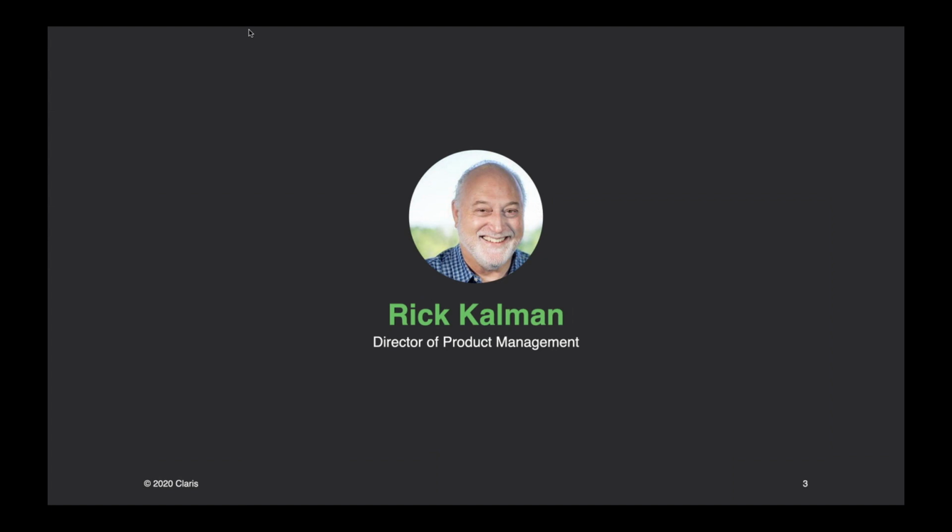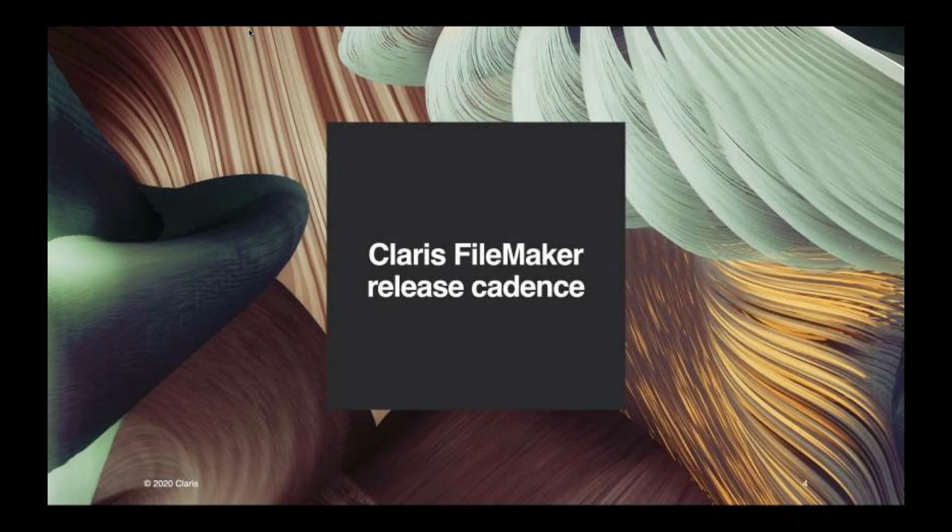And before we turn it over to the engineering team, I'd like to briefly talk about the FileMaker platform release cadence. Now that we've moved beyond annual releases to a more regular Agile release cadence, we'll see releases of the FileMaker platform, which includes FileMaker Pro, FileMaker Go, and FileMaker Server, which of course includes FileMaker WebDirect, on at least a quarterly or even sometimes a monthly cadence.